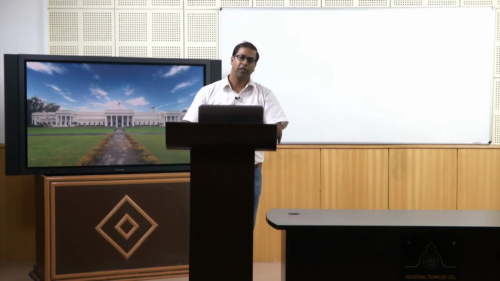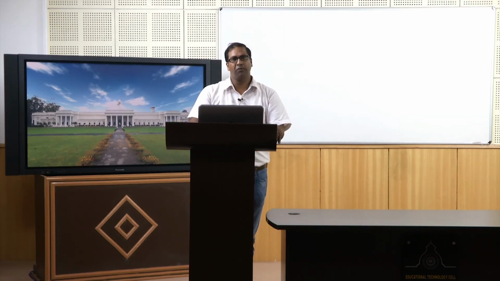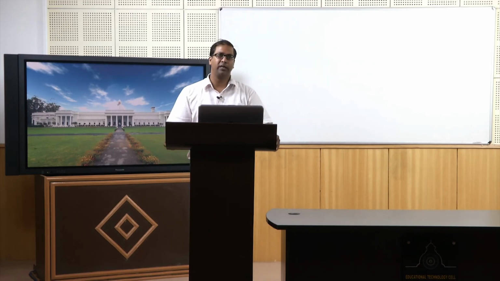Now, if you look at the external history, there have been three types of external history of science. One is a study of scientific institutions, where the idea has been to set science in a cultural context, in a social context.